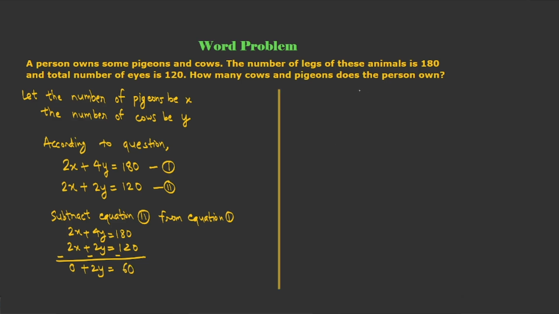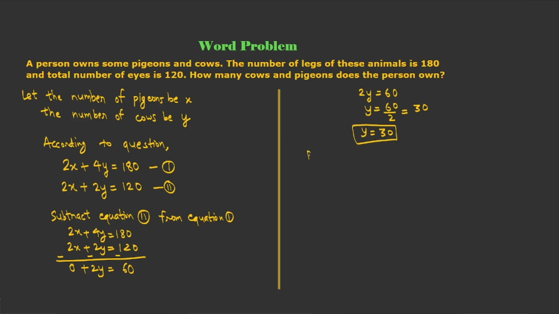So you have 2y equals 60. So y will be 60 upon 2, that is 30. So y equals 30. That means the number of cows is 30.